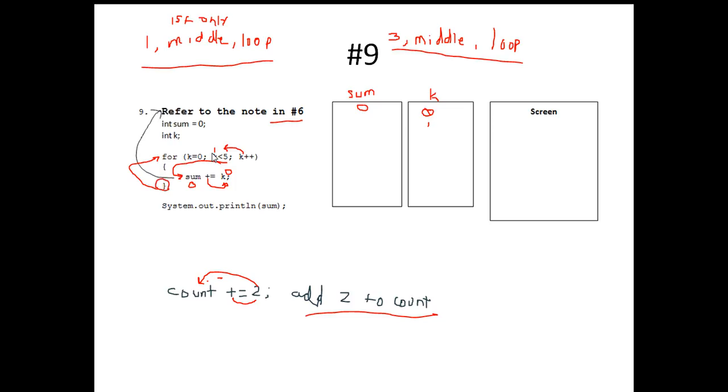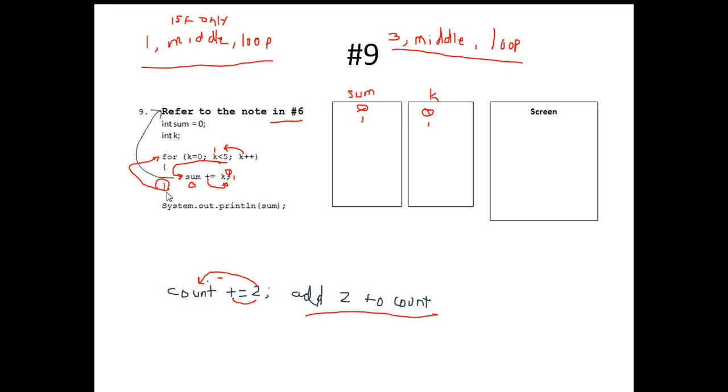Which is true. We jump into the loop. We take the sum, which is still 0, and we add k to it. So we're going to add 1. So sum is now 0 plus 1, so it becomes 1.